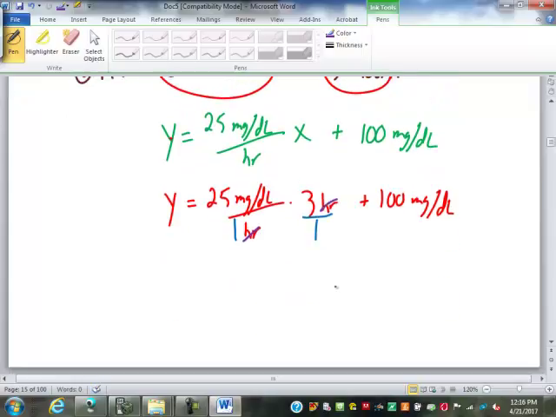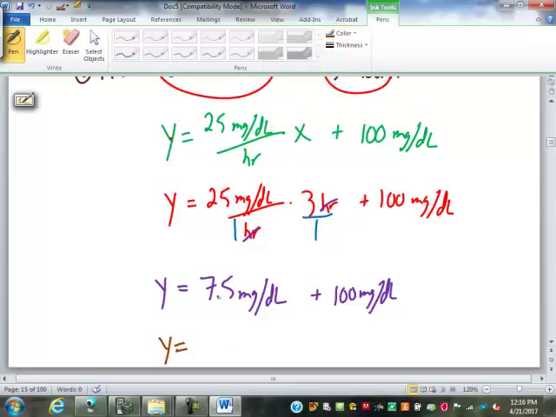And what we have then, 25 milligrams per deciliter times 3 is 75 milligrams per deciliter, plus the 100 milligrams per deciliter. 75 milligrams per deciliter plus 100 milligrams per deciliter is simply 175 milligrams per deciliter.